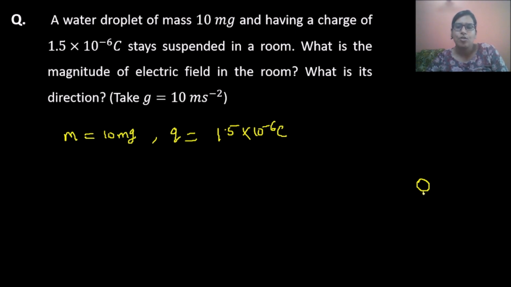So there will be a force on this water droplet, gravitational force, that will be in downward direction and that will be m into g, and there should be some force in upward direction, and that will be the electric force or electrostatic force, that is F equals Q into E. So this is electrostatic force and this is gravitational force.